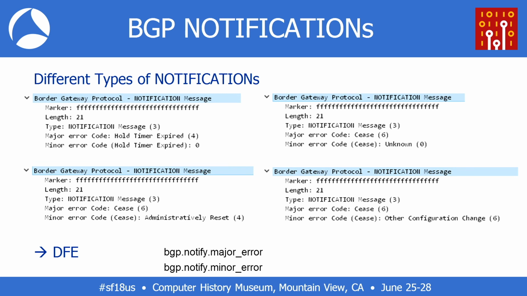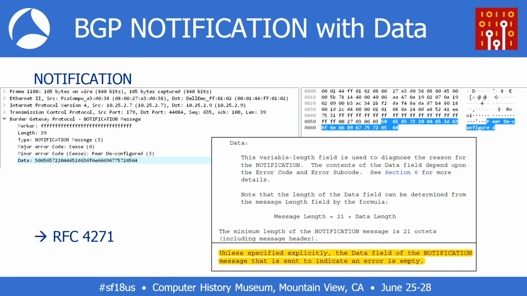I'll show you later on. And then with the notification, I had 2 trace files, and checked what's going on with the major error and the minor error. And I found out on the left side and the right side what the differences are.